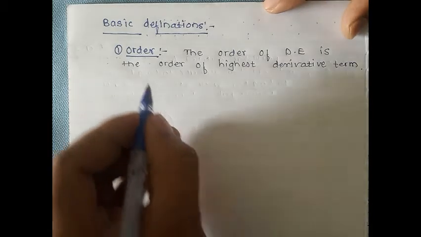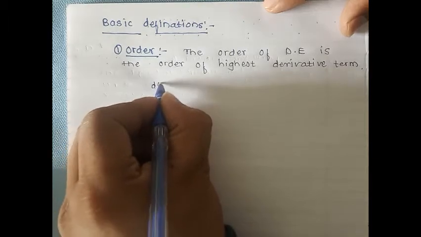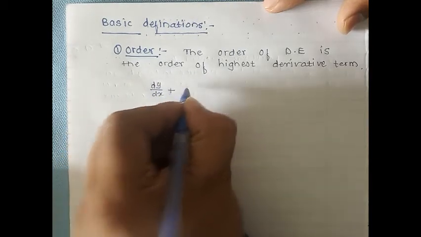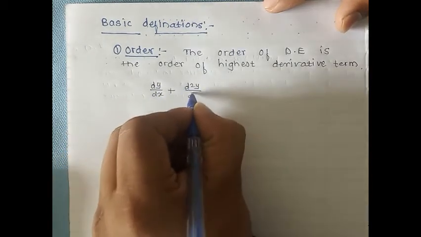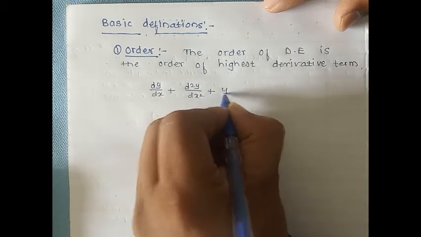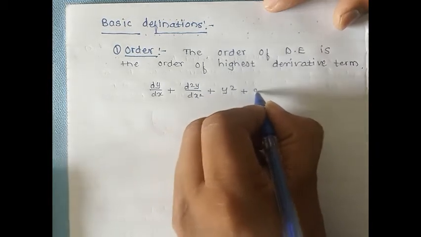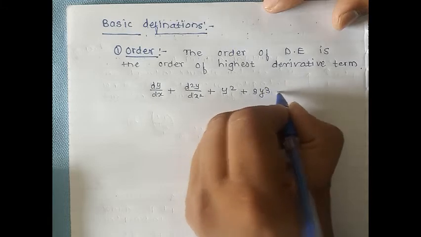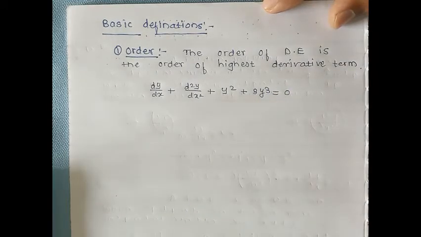Suppose a differential equation dy by dx plus d2y by dx square plus y square plus 3y cube is equal to 0. Then what is the order of that differential equation?